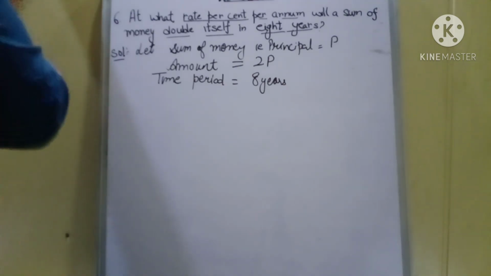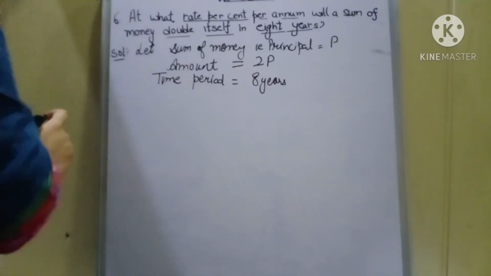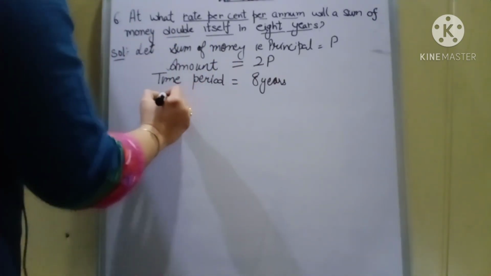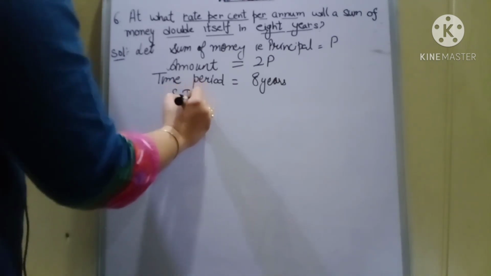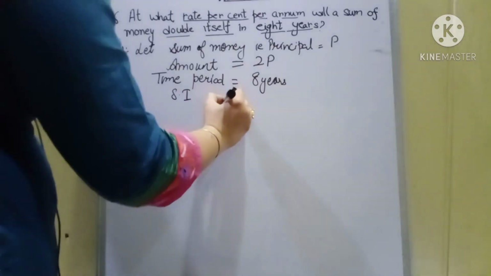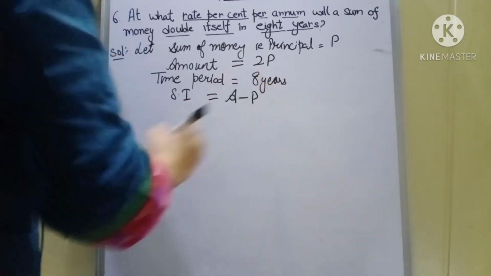How can you find it? You have the principal, the amount, and the time period. From principal and amount, what can we find? Yes, very good. We can find simple interest. Simple interest is equal to amount minus principal.